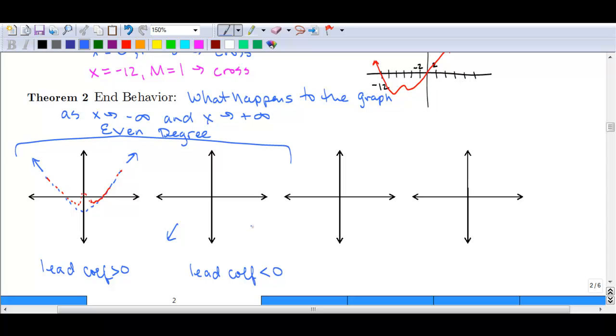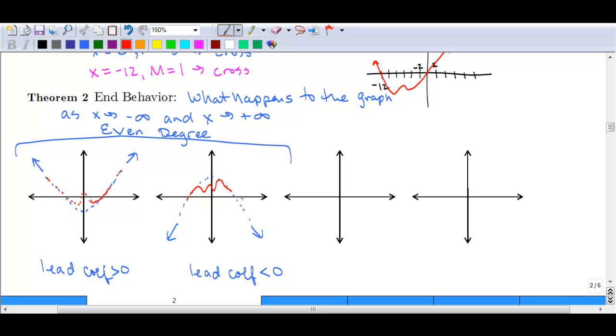It's going to be going off to negative infinity in both directions. And again, you could have some kind of wiggle in between. It's possible, if you have a higher degree than 2.